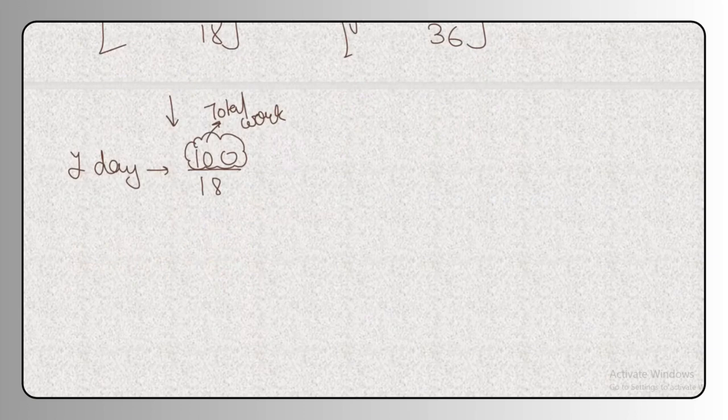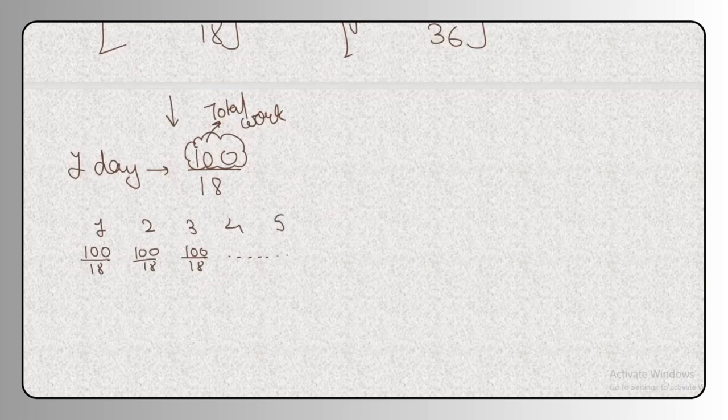In the second day, again 1/18th of the work will be done. Third day, again 1/18th of the work will be done. So one day, second day, third day, fourth day, fifth day, every day that person is coming and doing 100 by 18 work, and so on. So we should ask ourselves, at what moment will the work be completed?